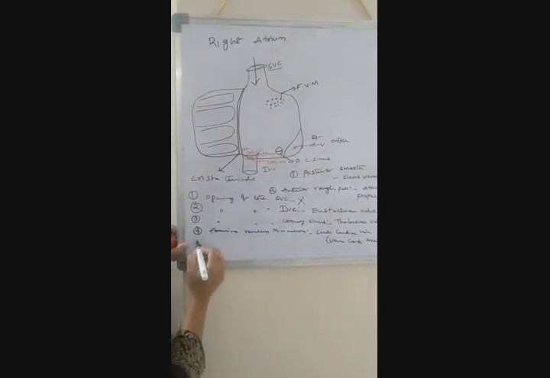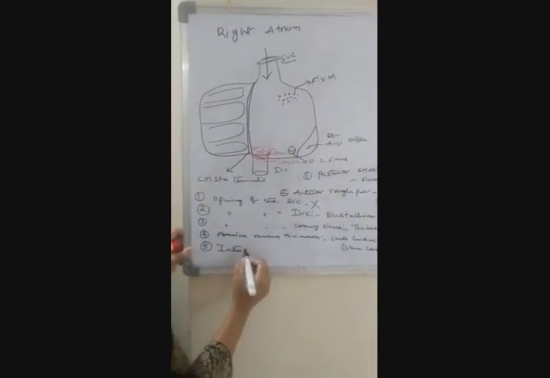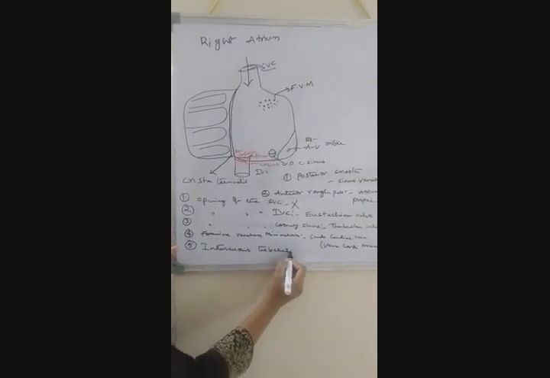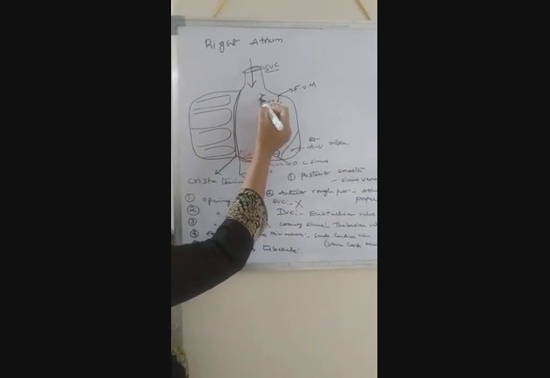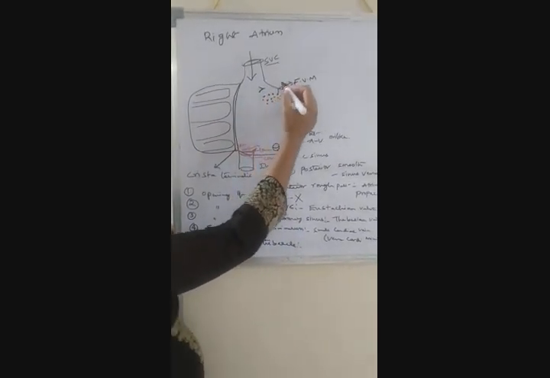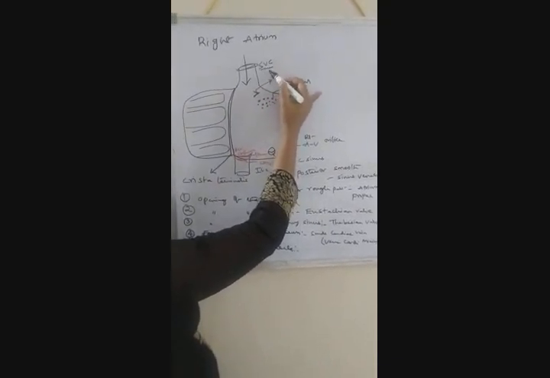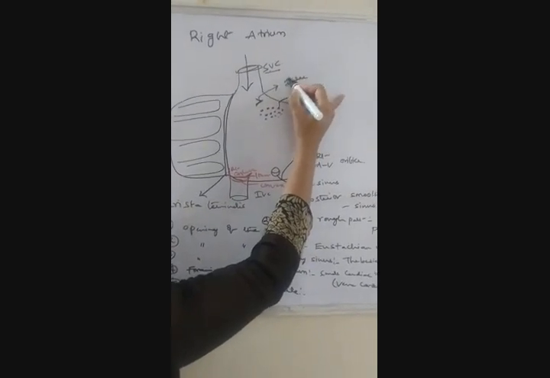Next, coming to the intervenous tubercle. It is a muscular projection which is present just below the opening of the superior vena cava. That is the intervenous tubercle.